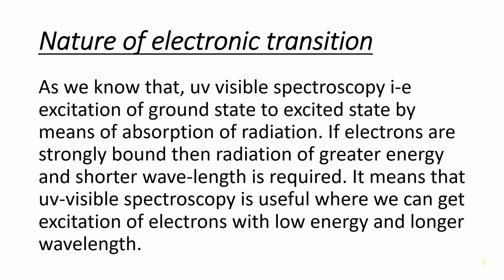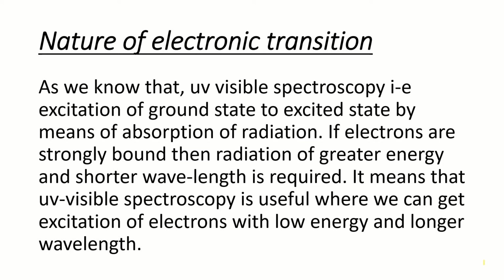Nature of electronic transition. As we know, UV visible spectroscopy is an electronic spectroscopy, excitation of ground state electrons to excited state by means of absorption of radiation. If electrons are strongly bonded, then radiation of greater energy and hence of shorter wavelength is required.